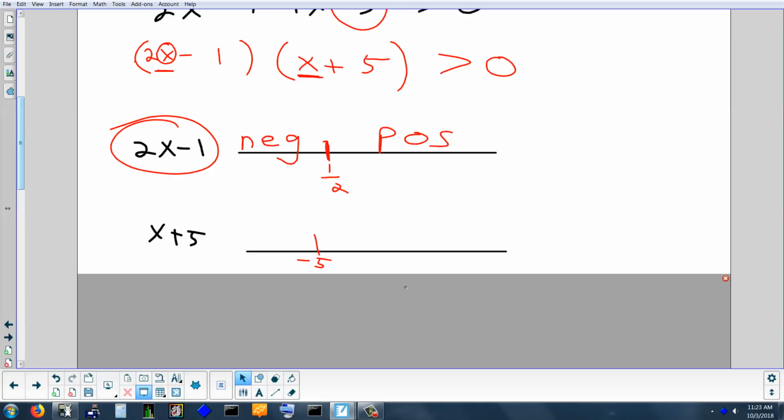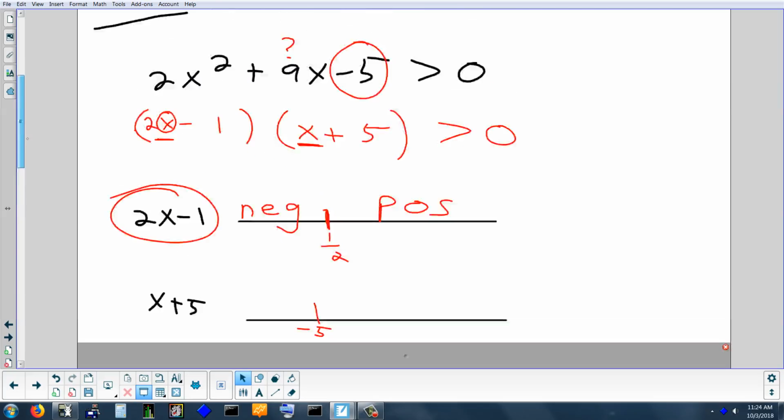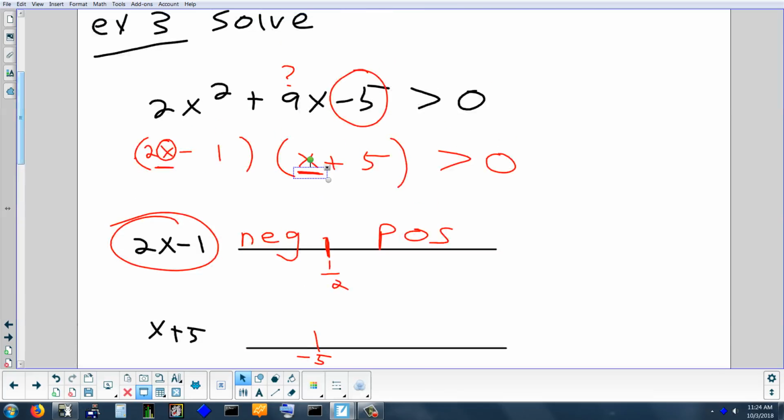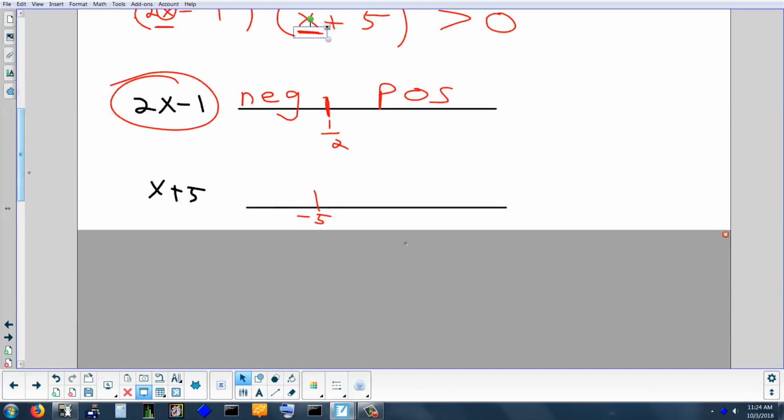If you're wondering, is it always negative positive? Yes, unless you do something like that. Putting a negative in front of the x now reverses the sign of everything. So unless you factor it like that, which we never factor with negatives usually, that shouldn't be an issue.